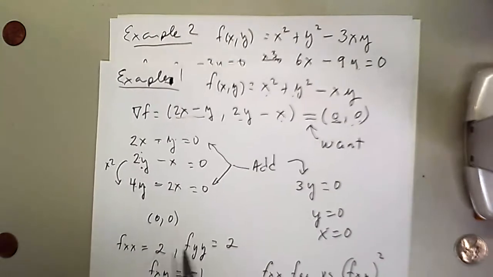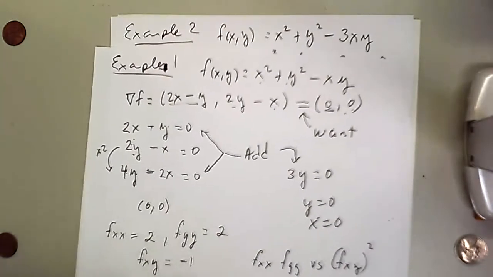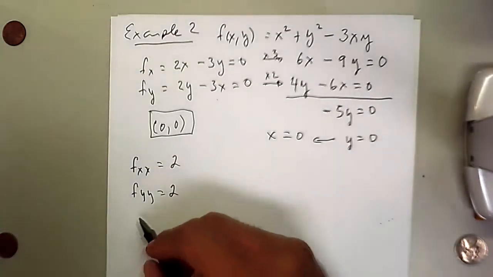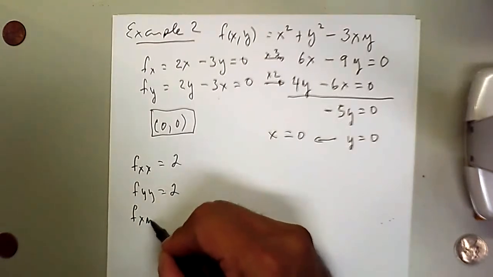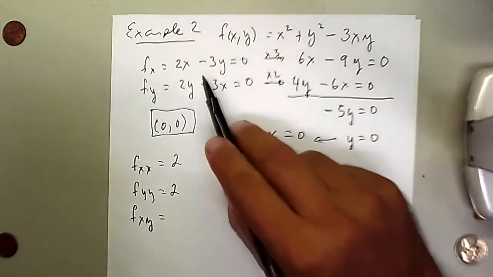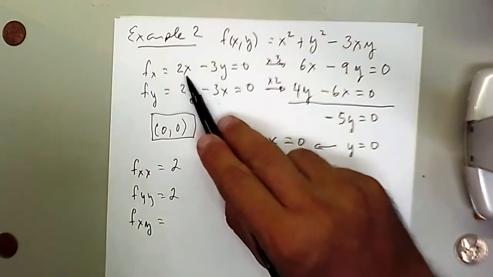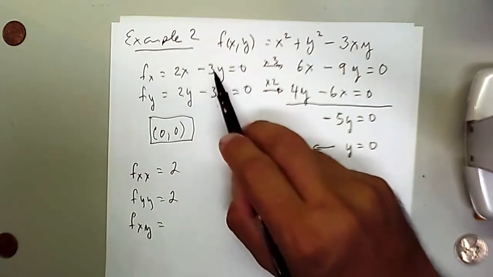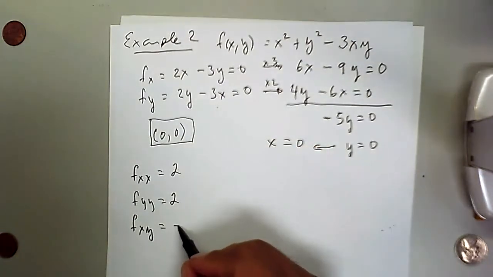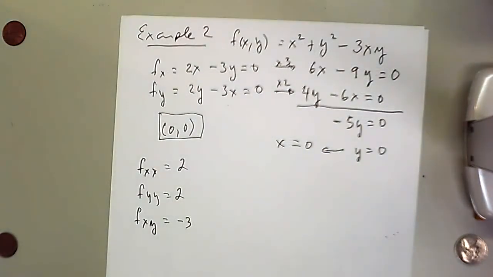We had 2, 2. Now let's look at the combined derivative. So f sub xy would be, first derivative with respect to x, now take the derivative of that with respect to y. And that is going to give us negative 3, as opposed to example 1, where we had negative 1.